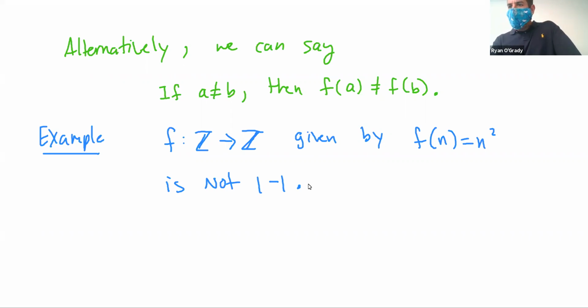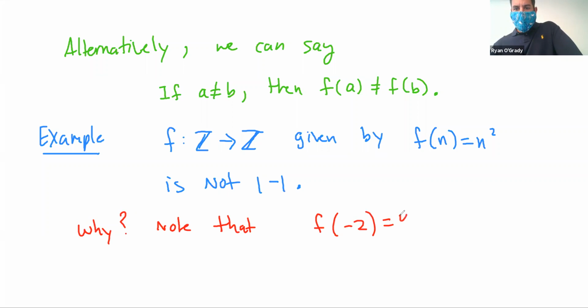Now, why is that the case? Well, let's see where the definition fails. Note that f(-2) = 4 and f(2) = 4.